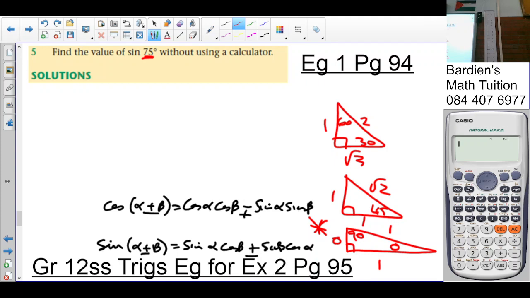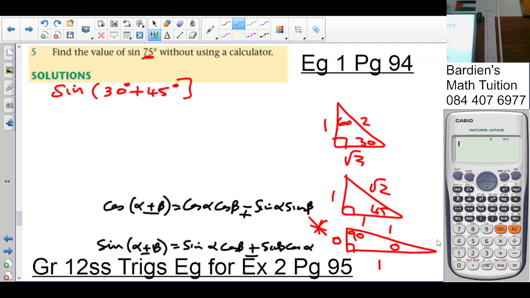How can you link that to any of the special angles? 75? 45, yes, you want to break it up, she says. Break it up into what? Sine of 30 plus 45, she says. You would agree with that? Or 45 plus 30. Not so?